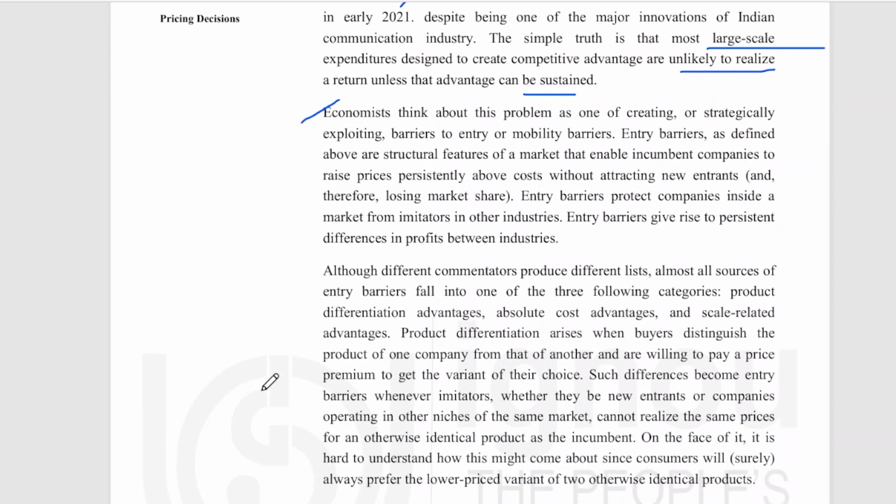Economists think about this problem as one of creating or strategically exploiting barriers to entry or mobility barriers. Entry barriers, as defined above, are structural features of a market that enable incumbent companies to raise prices persistently above cost without attracting new entrants.